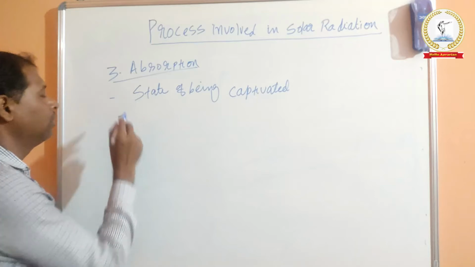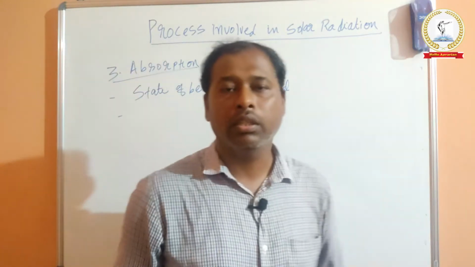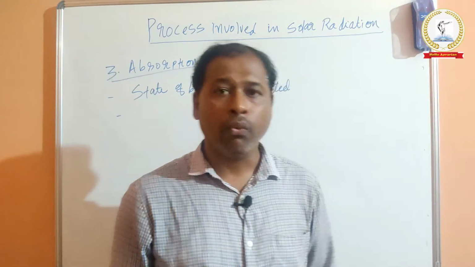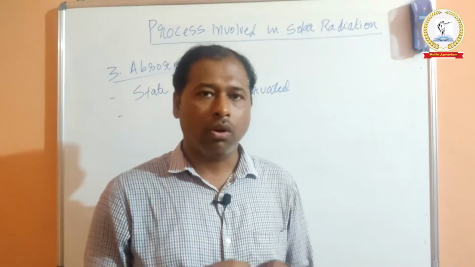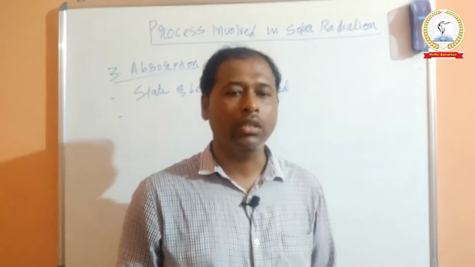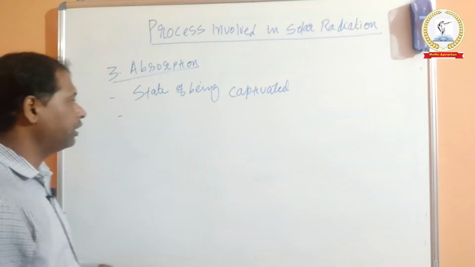Elements like water vapor, gaseous molecules and suspended particles absorb the short wave incoming solar radiation.